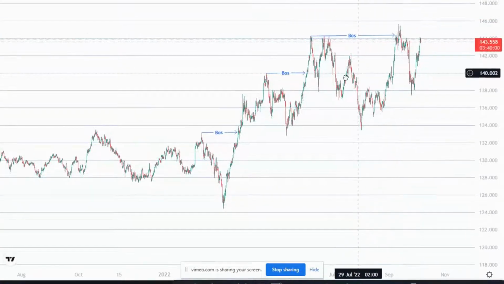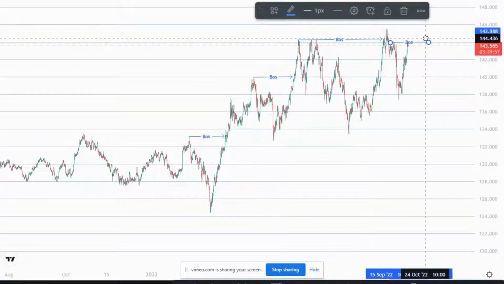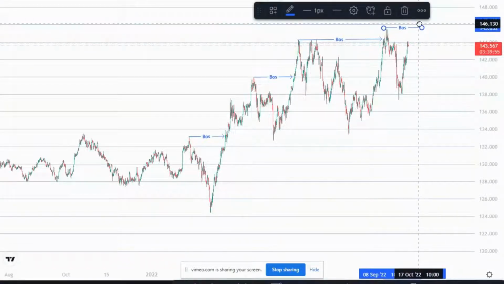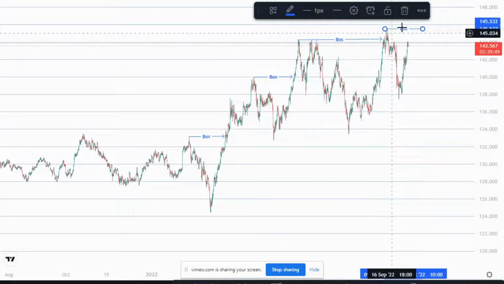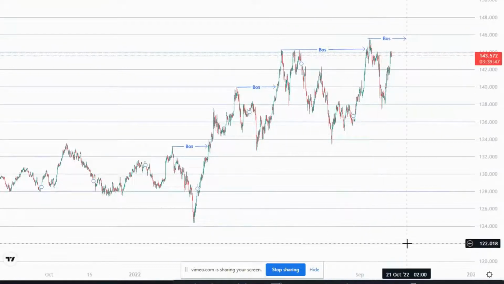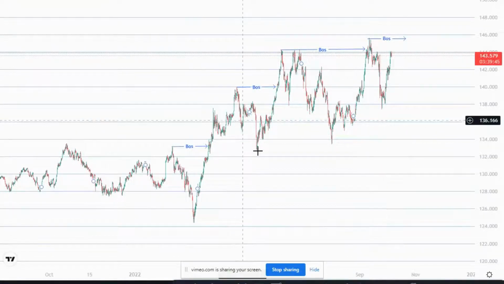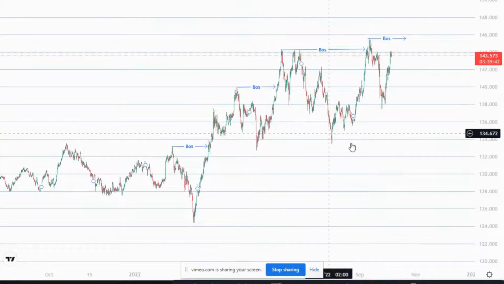Here is the last high the market created, and we expect another high real soon. That's a breakout structure, so we expect the market to take out this high in no time. You can see high, retracement, higher high, retracement, higher high again, retracement, or higher lows if you want to say it that way.